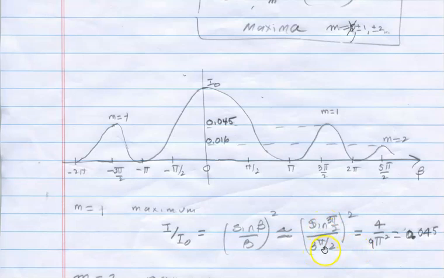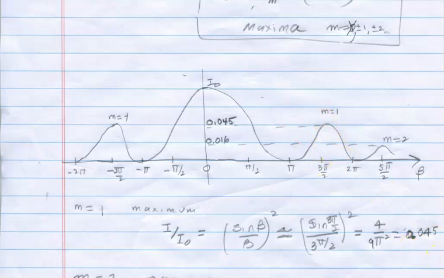And the 2 squared becomes 4, and then you get 9 pi squared on the bottom. And when you work that out, you get essentially about 0.04. So if this starts off at I0, the height here, the intensity at this relative maxima is about 4.5% of I0, so 0.045.